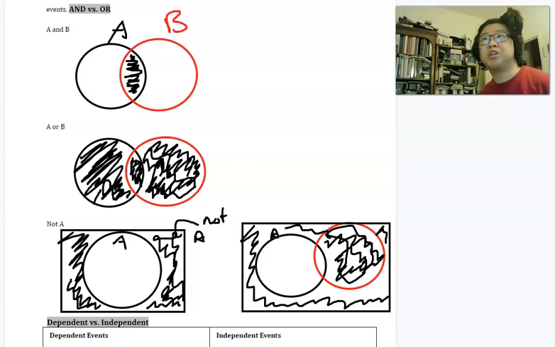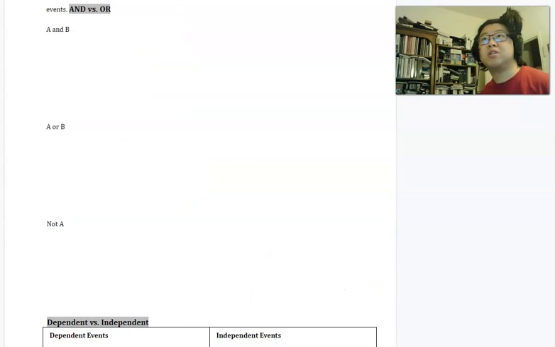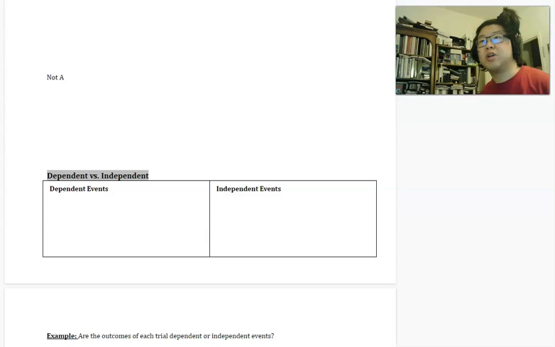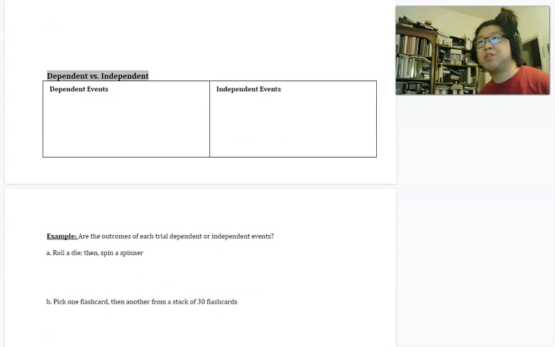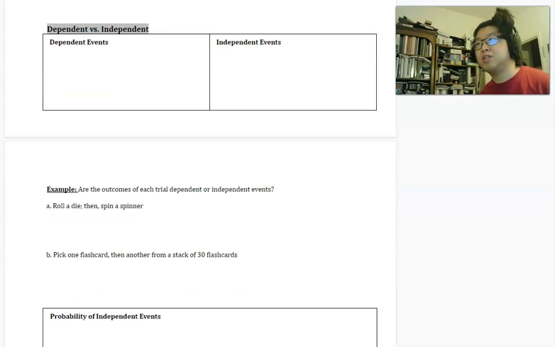Let me clear my board here and scroll down. Okay, so when we talk about probability, there are these things called dependent and independent events. And it's actually pretty simple.